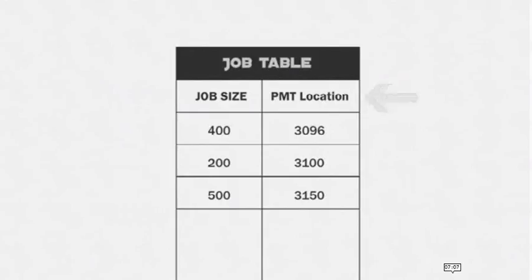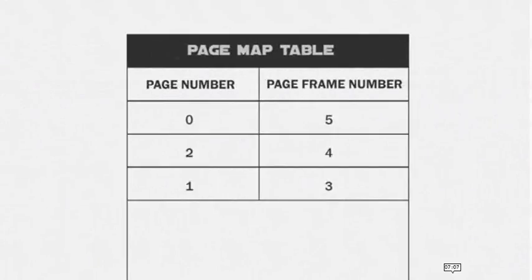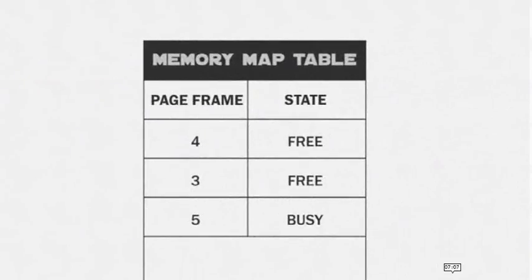The page map table then contains important information for each of the pages: the page number and its corresponding page frame address. Finally, the memory map table has one entry for each page frame, listing both its location and status, informing whether it is busy or free.